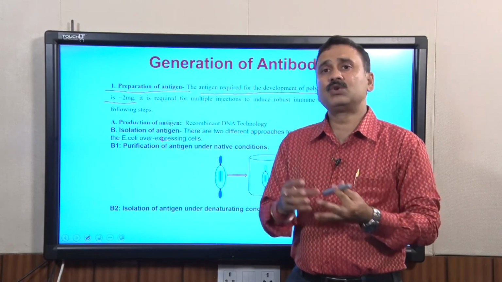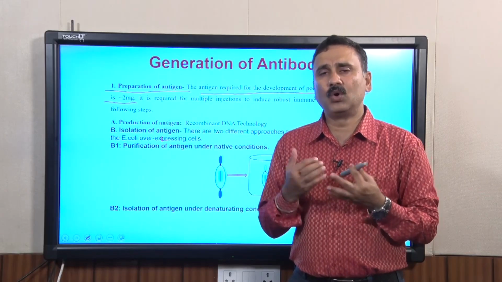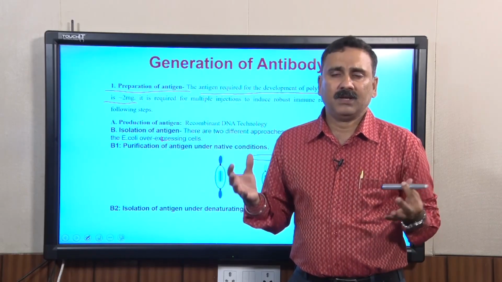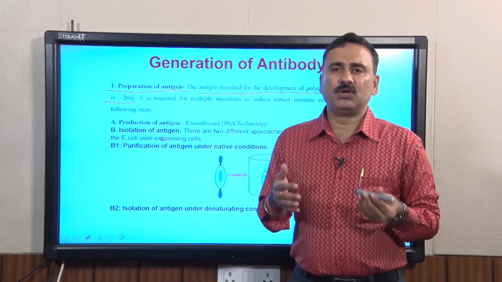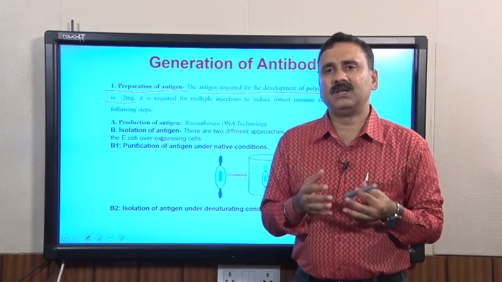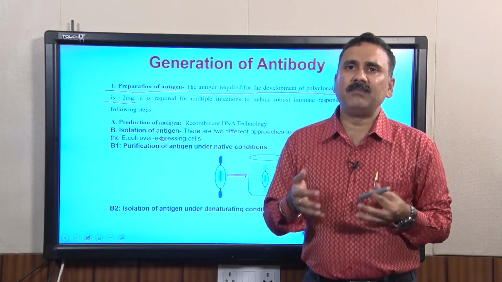Similarly, you will get large quantities of antibodies from the bigger animals like goat or donkey. So, it depends on the application, or the downstream applications. If the downstream application is only to purify some antigen, then you can use the rabbit or mice.